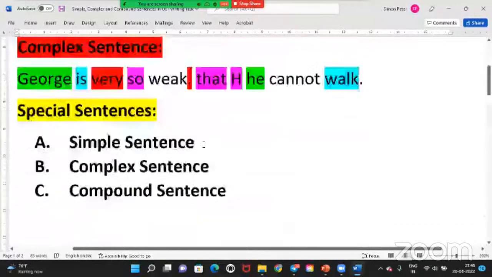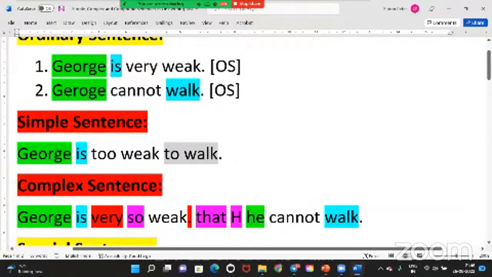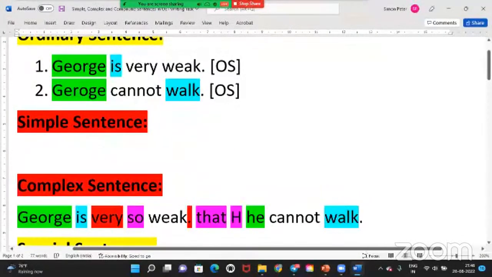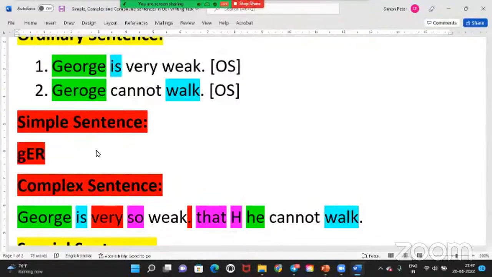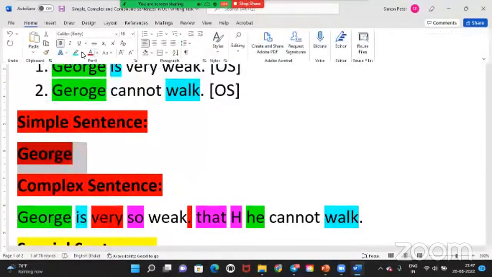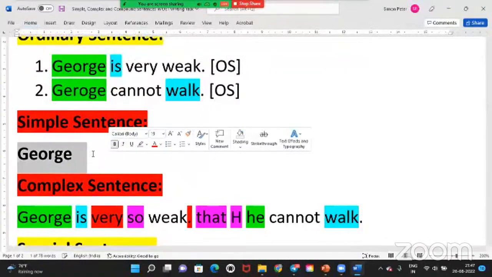Okay, now here. Now let us take the original sentences here. Original sentence is: George is very weak.